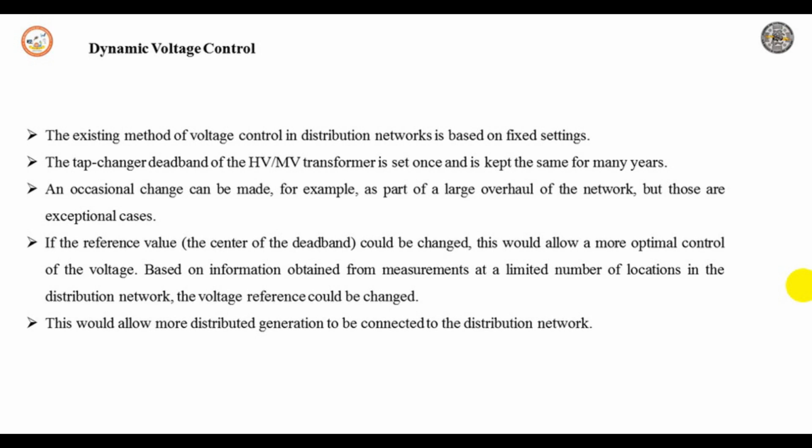This would allow a more optimal control of voltage, based on information obtained from measurements at a limited number of locations in a distribution network. One method of dynamically adjusting the settings of tap changers on HV/MV transformers is the so-called segment controller, which collects information from the load of individual feeders and from the voltage and power flow at selected locations on the feeder.